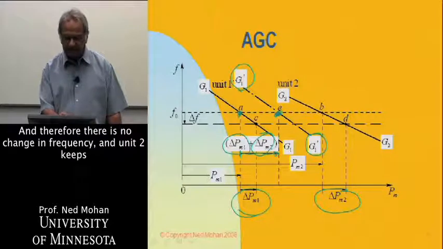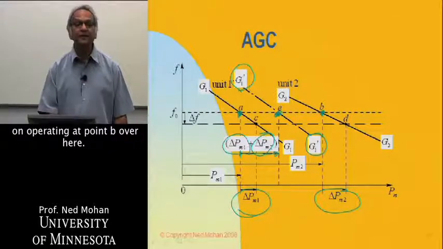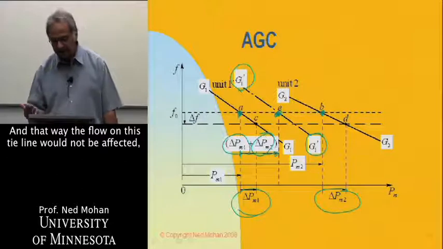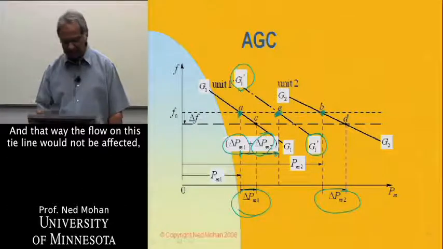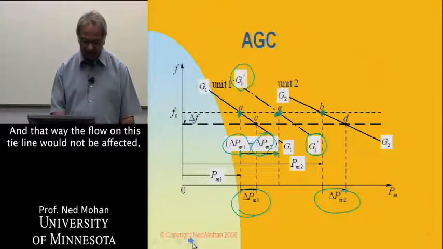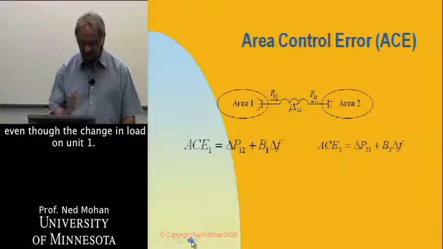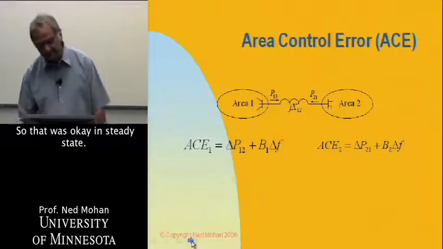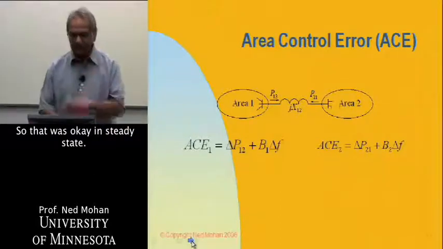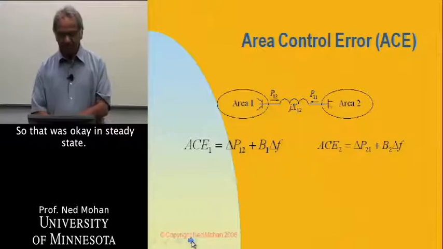Therefore there is no change in frequency, and unit 2 keeps on operating at point B. That way the flow on this tie line would not be affected, even though there is a change in load on unit 1. Okay, so that was steady state.